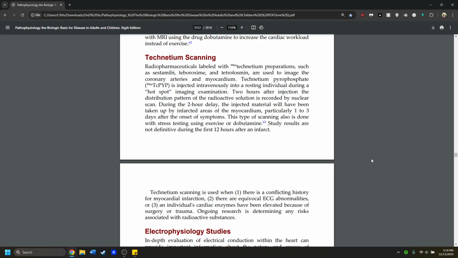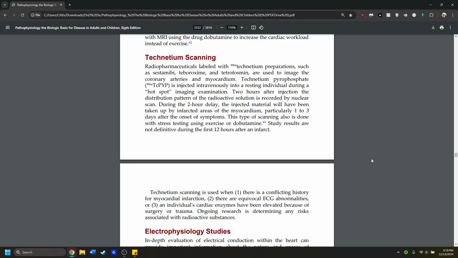The technetium pyrophosphate is injected IV into the resting individual during a hot spot imaging examination. Two hours after injection, the distribution pattern of the radioactive solution is recorded by a nuclear scan. During the 2-hour delay, the injected material will have been taken up by the infarcted areas of the myocardium.